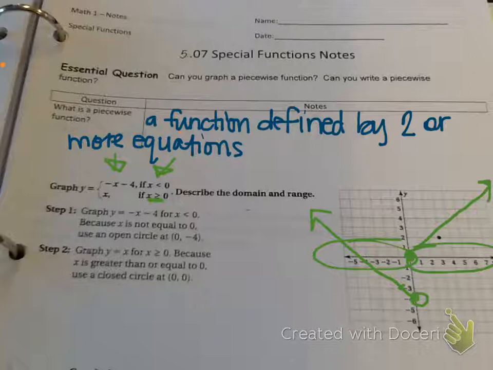So to graph each piece of our piecewise function, all we do is we take the two pieces, y equals negative x minus 4 for x is less than 0, and y equals x for x is greater than or equal to 0.